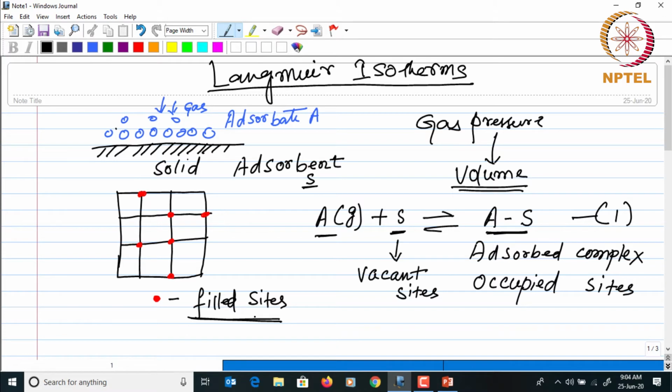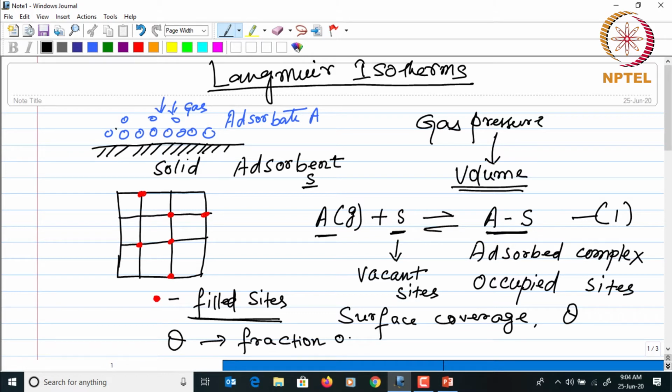so from here we can define a parameter called surface coverage, which is generally written as theta, and that is basically the fraction of the occupied sites. Right?